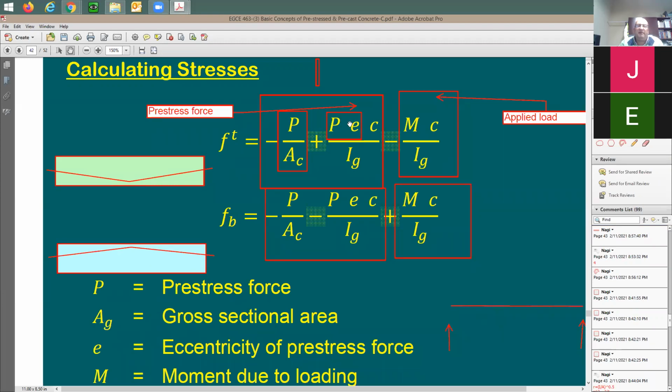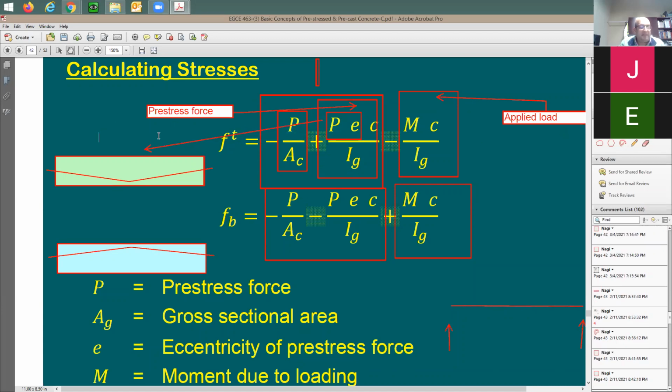Because usually this P is just a numerical value, it means you're going to have tension at the top. So this term means tension on the top. Let me write it down. I'm going to say tension at top of beam.